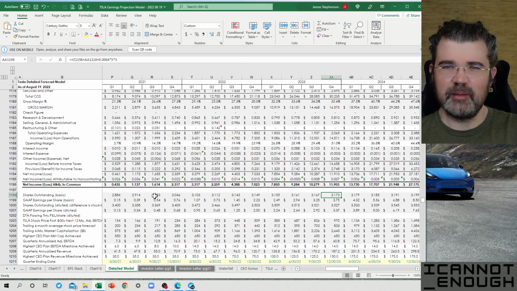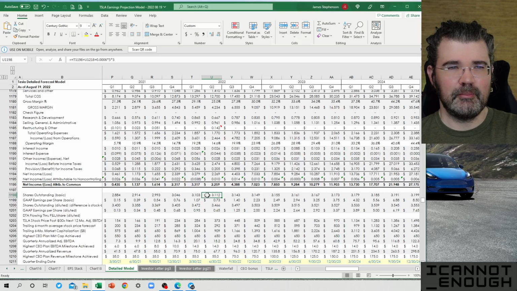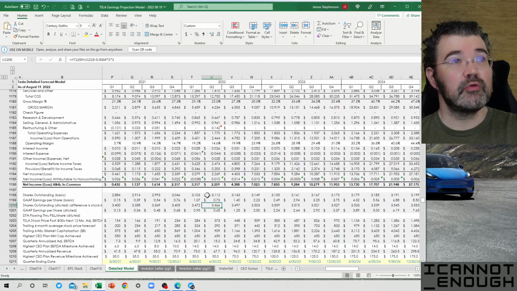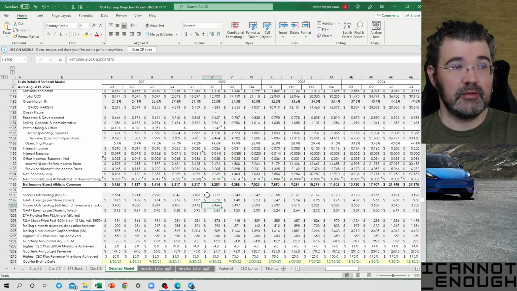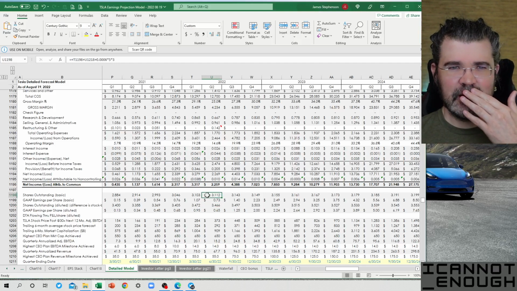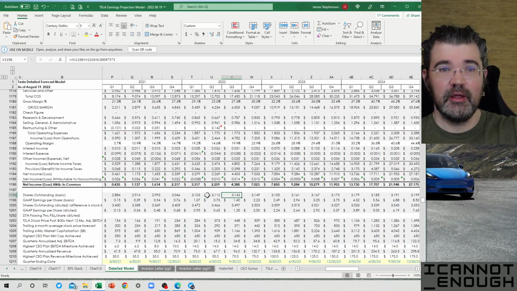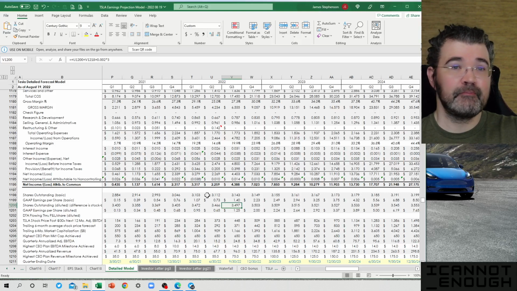Now, the other thing that I want to talk about on these, you can see, we're at Q2 2022, and I'm showing 3.112 billion basic shares outstanding, 3.466 billion diluted shares outstanding. Those are actually adjusted for the 3-for-1 stock split that happened during this quarter, as are all of the other quarters on this page. If you're going to adjust for a stock split, you need to adjust all time periods for it.